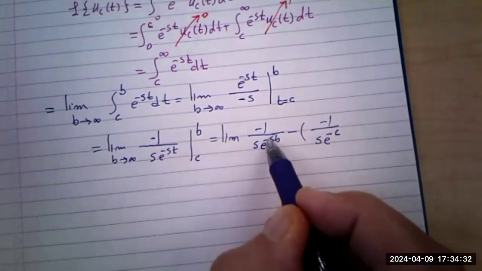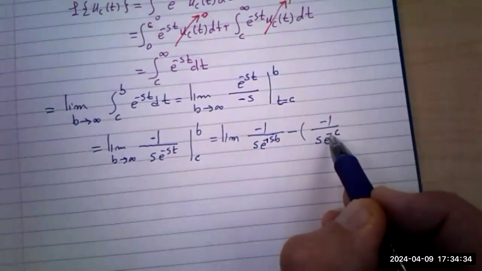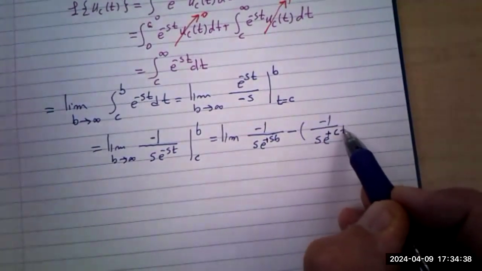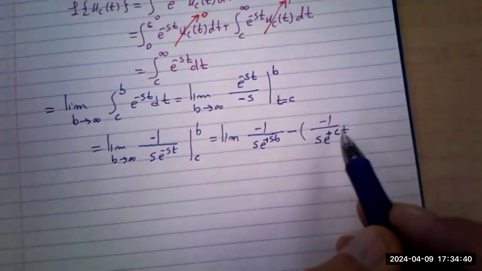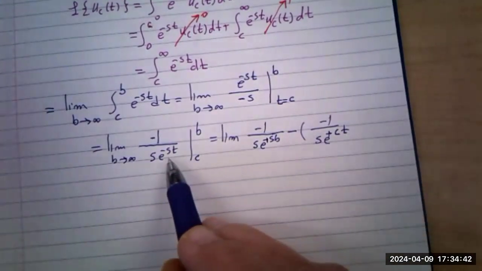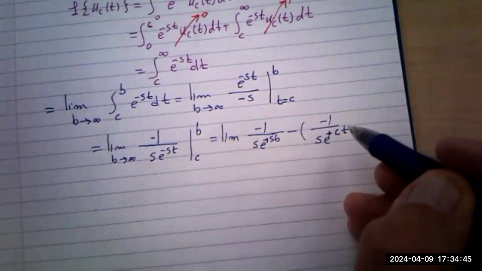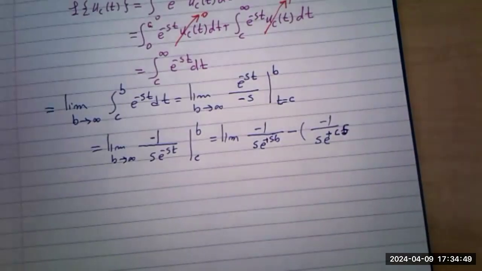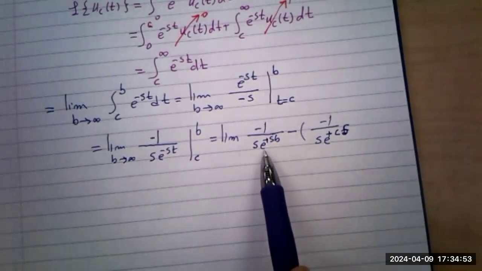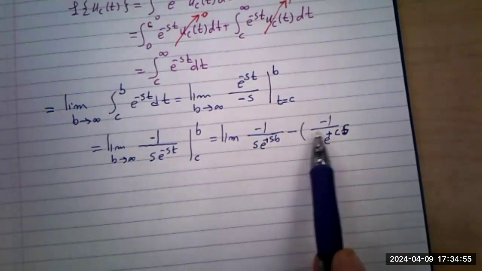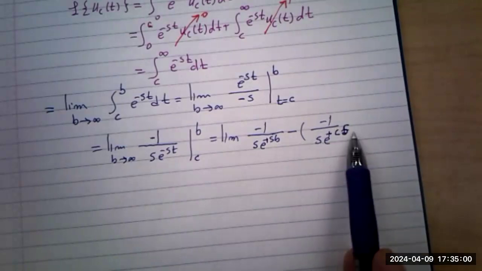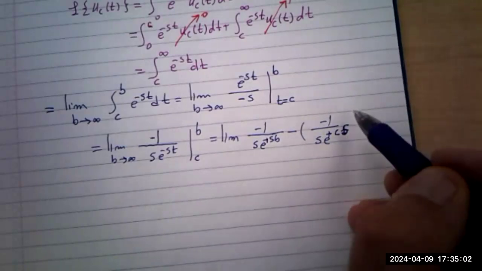Sorry, I bring it down, this is positive, yes, it's plus. You substitute for t, e to the negative cs, because you replace the t by c. So the first one is negative 1 over s e to the negative sb, minus negative 1 over s e to the negative cs.